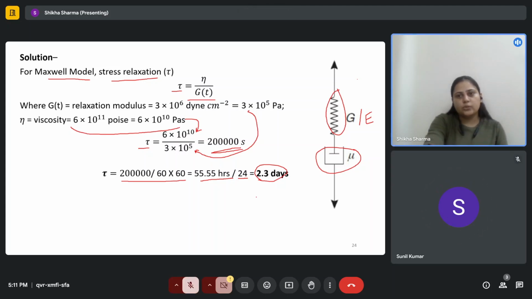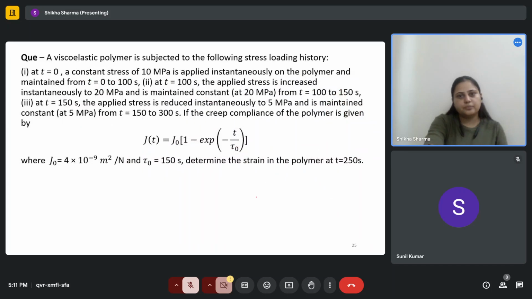Okay, so we are moving to the next question, which is about a viscoelastic polymer. It is a question related to the Boltzmann superposition principle.